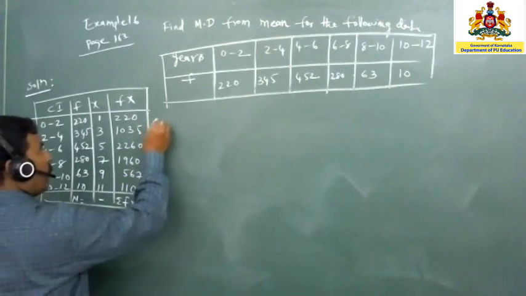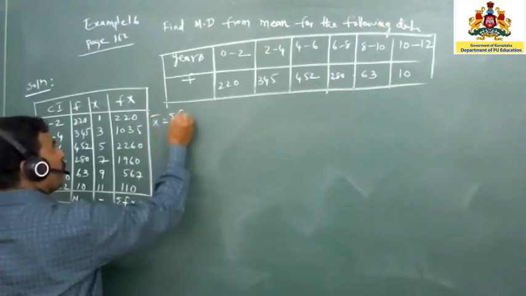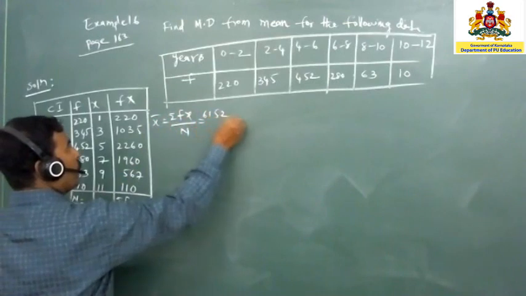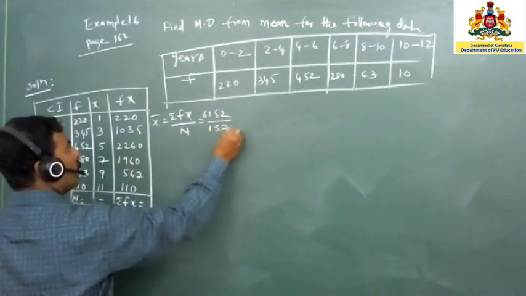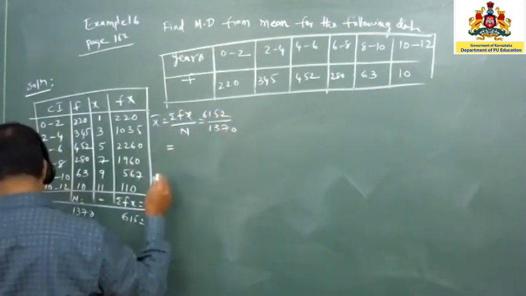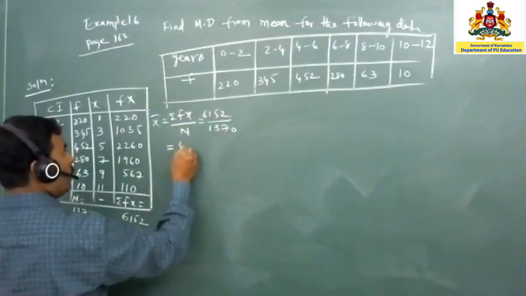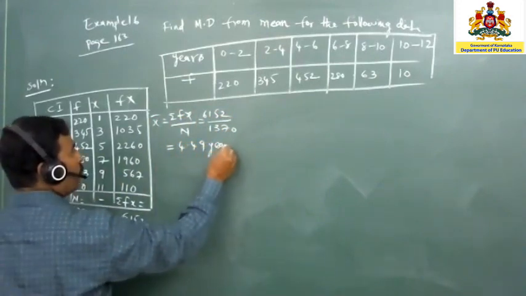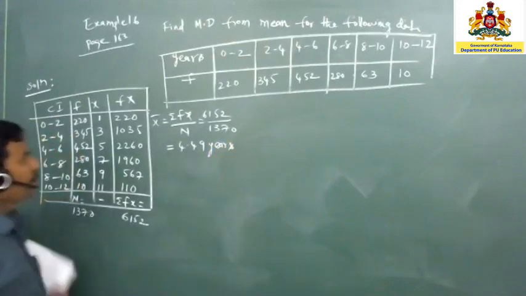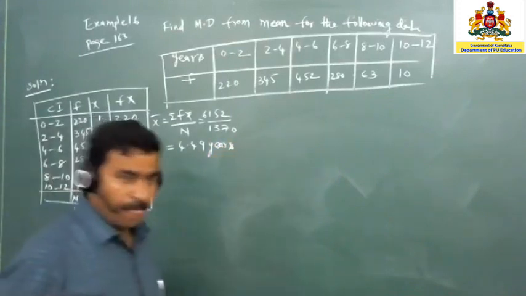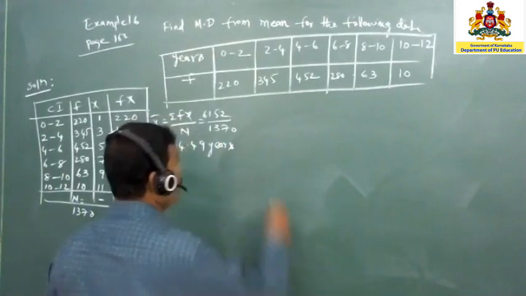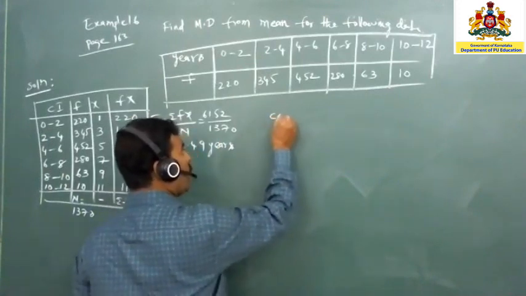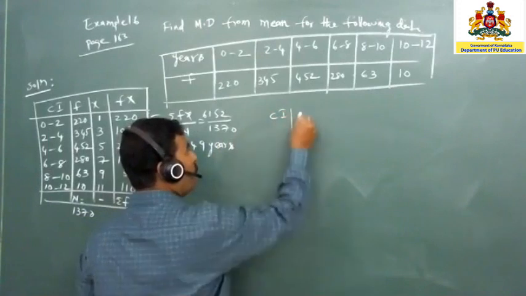So x bar equals summation fx by n, equal to 6152 by 1370, equal to 4.49 years. Now to compute mean deviation, again frame the table: class interval, frequency, then midpoint, modulus of x minus x bar, and f into modulus of x minus x bar.